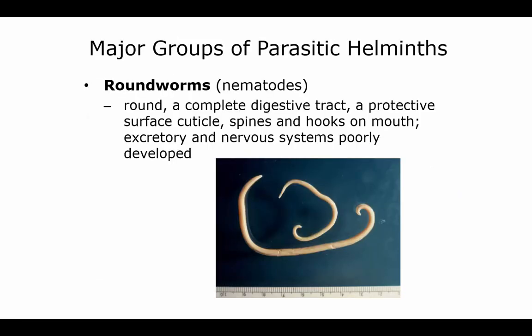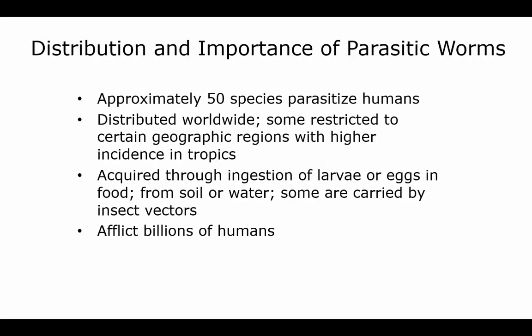Now, there's also roundworms or nematodes that are parasitic helminths. They are round, their digestive tract is complete, their mouth has spines or hooks on it, and their excretory and nervous systems are not very well developed. Now, we study parasitic worms because there's about 50 species that parasitize humans, and we find them all over the world.